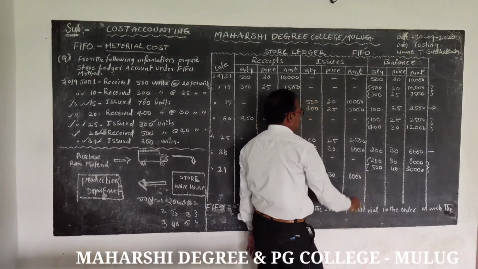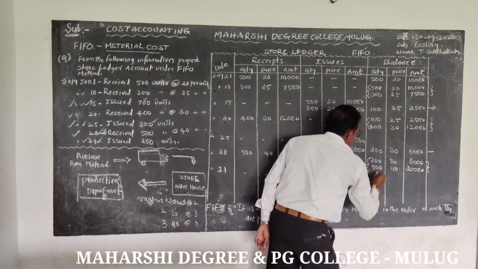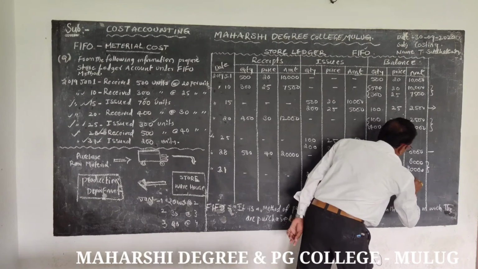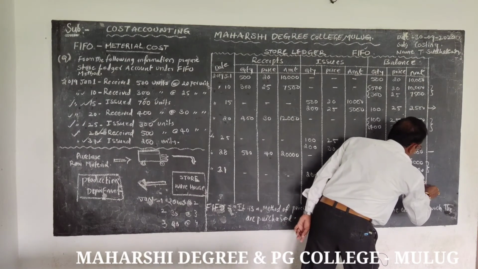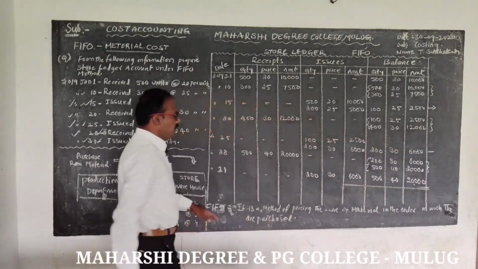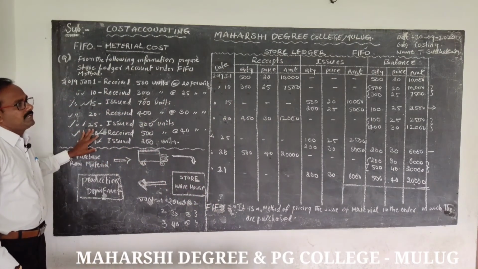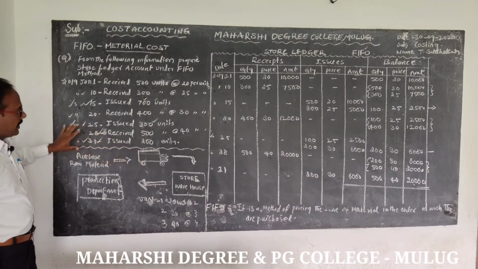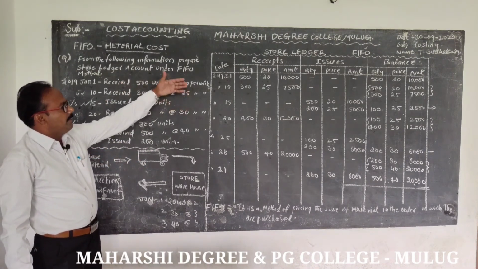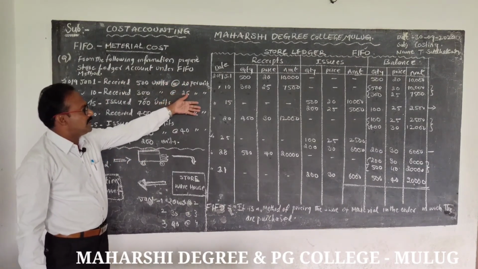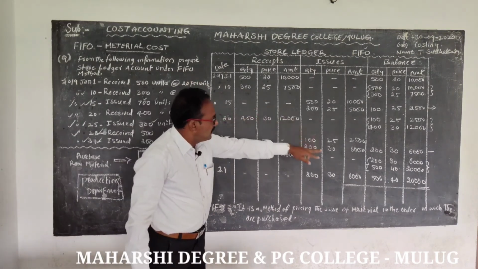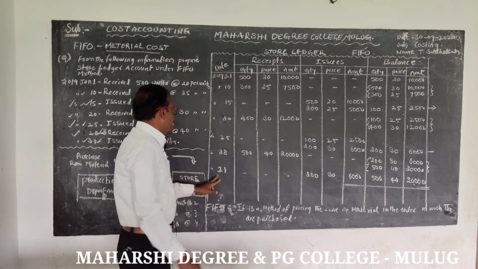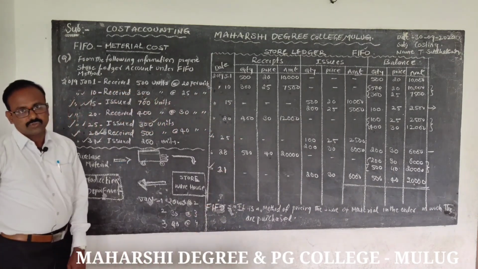So the total available balance is 500 units, from the last transaction, 20,000, the total balance in the storeroom. So this is how the store department prepares the store ledger, a very important point. As per the FIFO method, the balance is 500 units at 40 rupees, 20,000, as of January 31st. Okay, thank you sir.